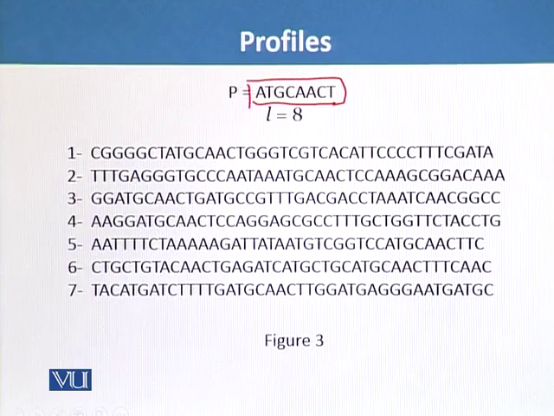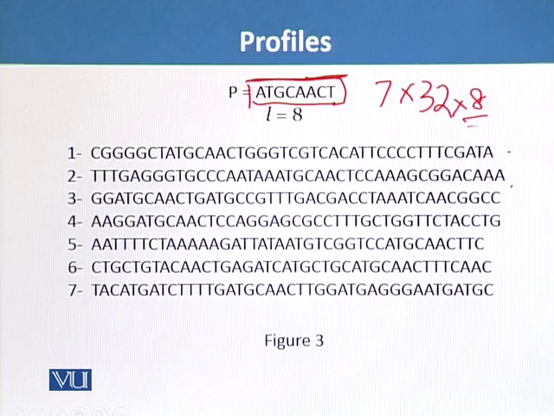So the simple answer is that we will count the number of times each 8-mer, or string of that length, occurs in the sample. We also know that the total size of the 7 strings is 280, because 7 is the number of DNAs, 32 is the number of nucleotides within each sequence, and 8 is the number of nucleotides in the pattern that is present within each DNA sequence.